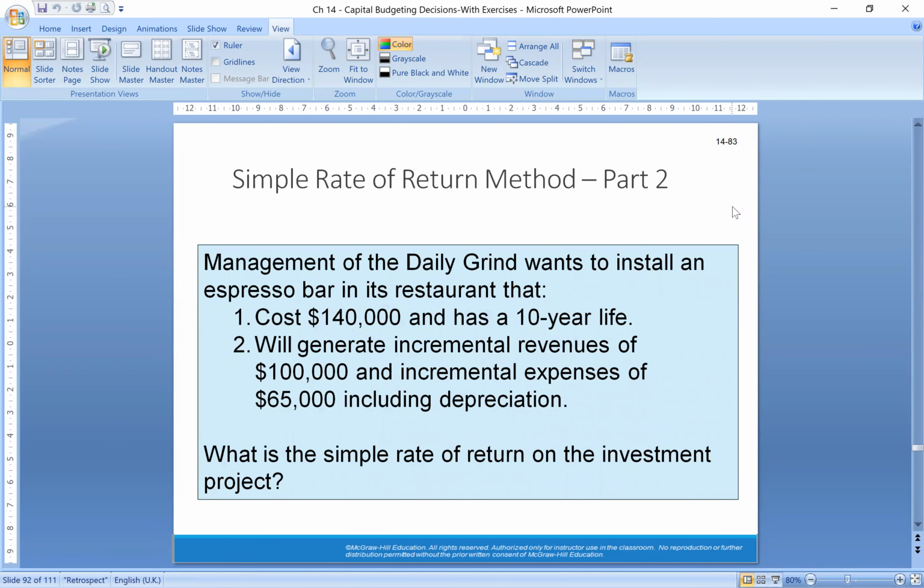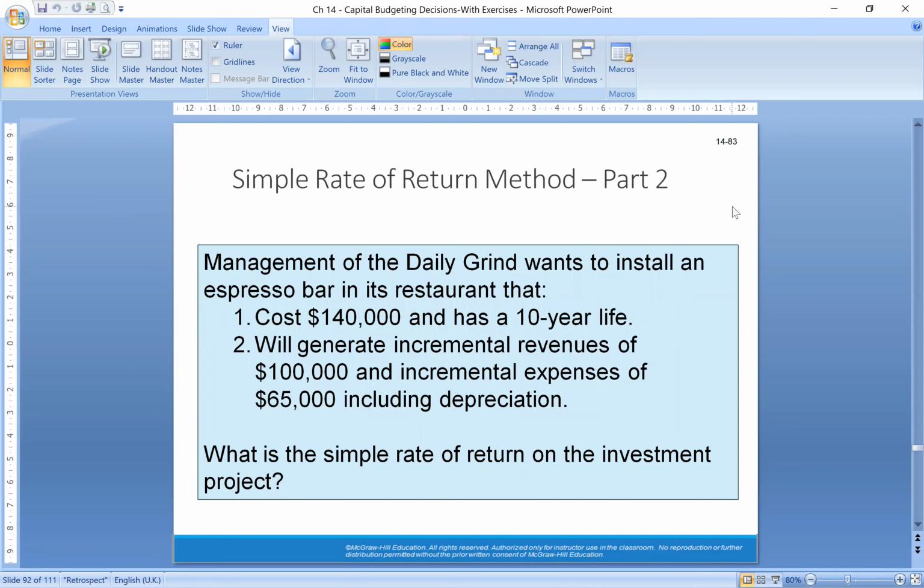Suppose that the management of Daily Grill wants to install an espresso bar in its restaurant. The cost will be 140,000, for 10 years, and it will generate incremental revenues of 100,000 and incremental expenses of 65,000, including depreciation. What is the simple rate of return for this project?